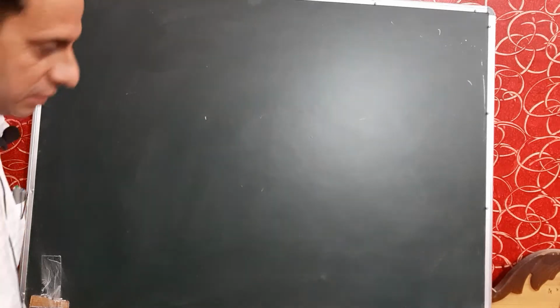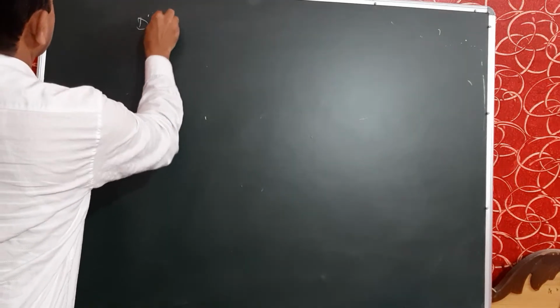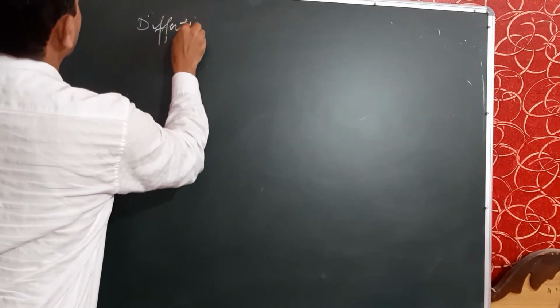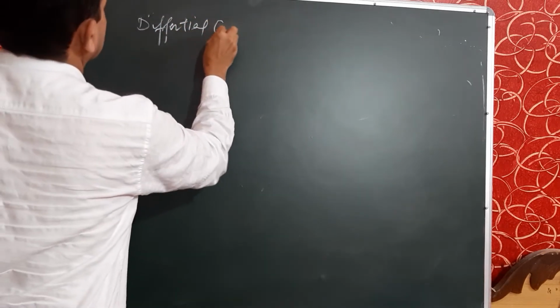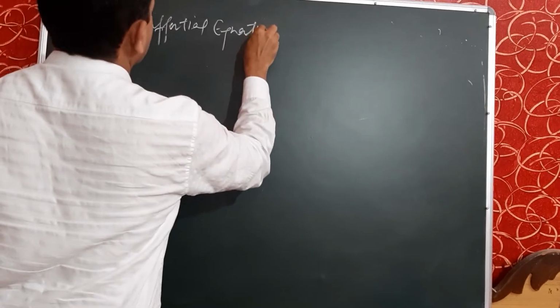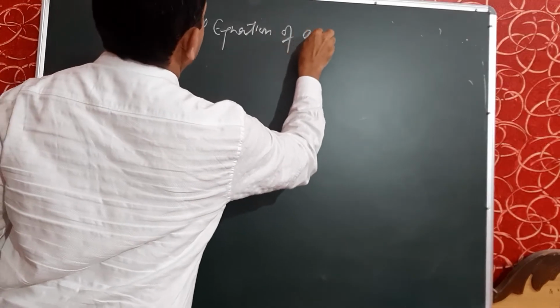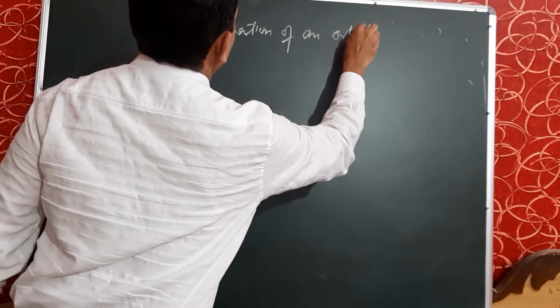Today we will derive the differential equation for the orbit, or the differential equation for a particle moving under central force. So, the article is differential equation of an orbit.